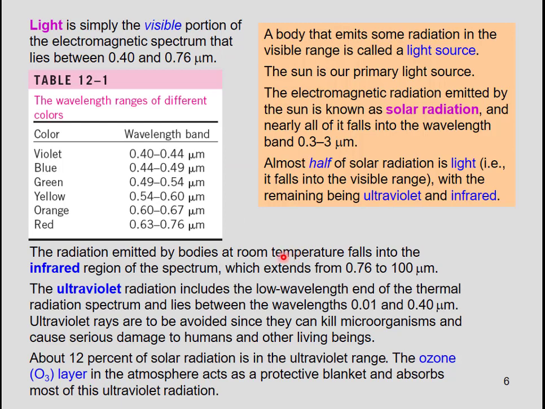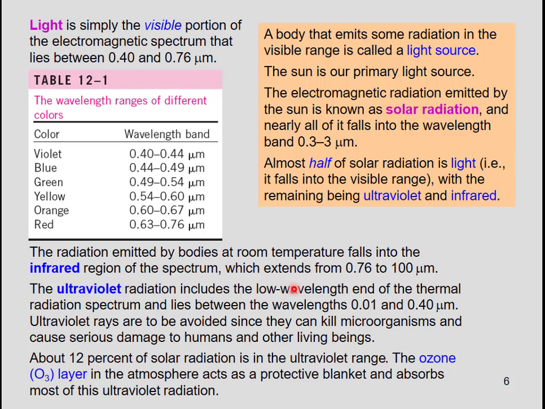So ultraviolet rays are to be avoided since, as I told you, their energy is higher than the light or visible electromagnetic waves. They are useful, and also they have some disadvantages.